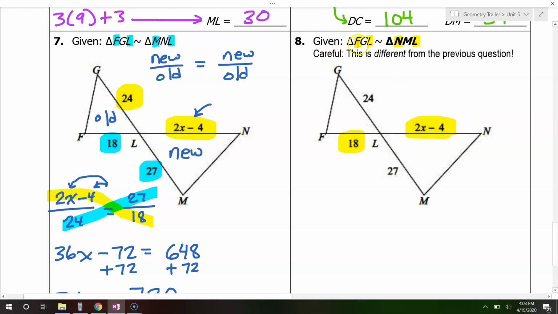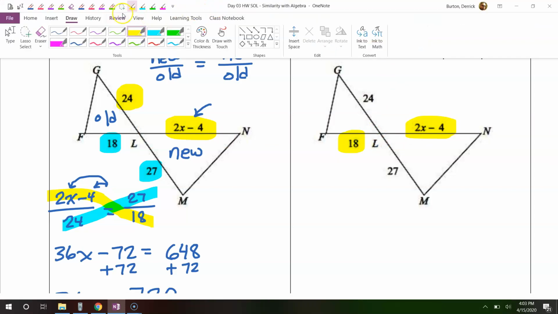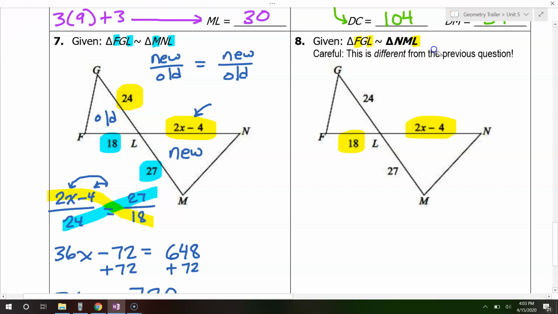You have to use your similarity statement. That's the only way to know what goes with what. Okay, anyway, look at the 27. That's LM. Here's LM. That corresponds with GL. And GL is right here. So these are corresponding.